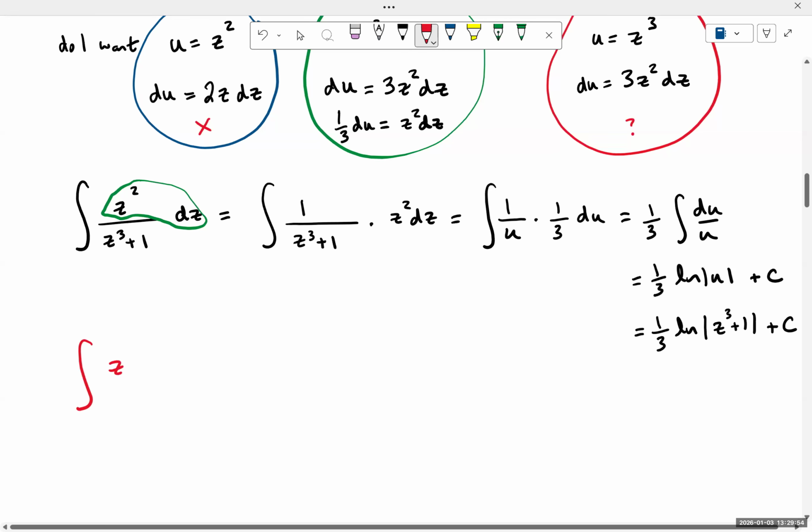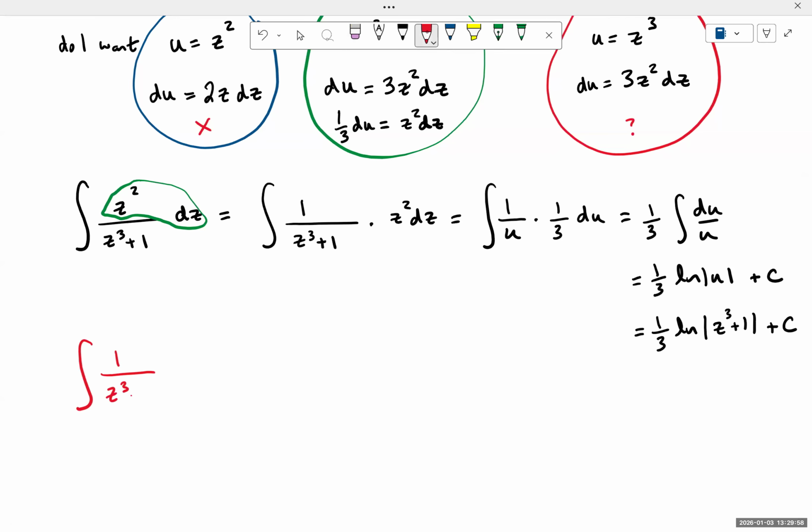Let's see what I had: 1 over z cubed plus 1 times z squared dz. So then I'd have 1 over u plus 1 times 1/3 du. So now I have 1/3 du over u plus 1. So that doesn't show up on our regular table of basics.